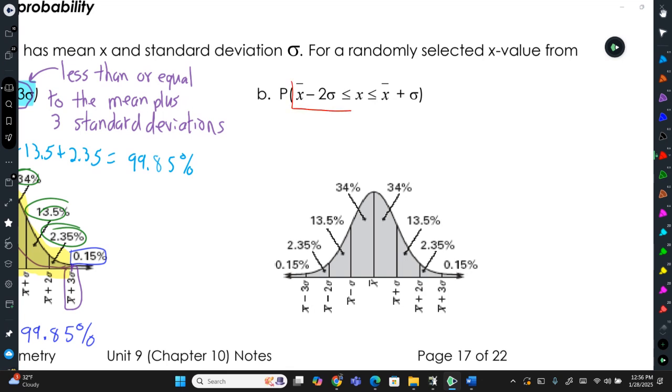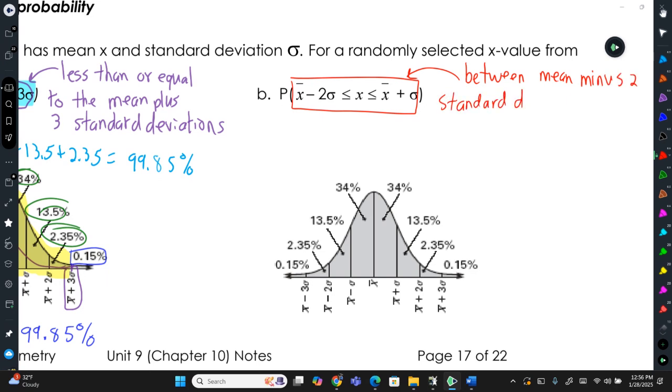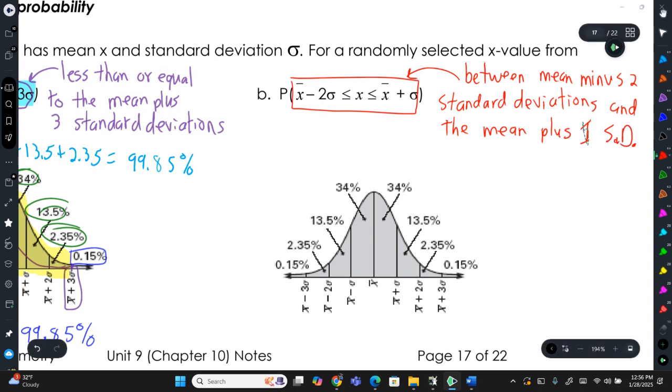So again, what this means in normal people words is that I want the area between the mean minus 2 standard deviations and the mean plus 2 standard deviations. We'll abbreviate that SD.